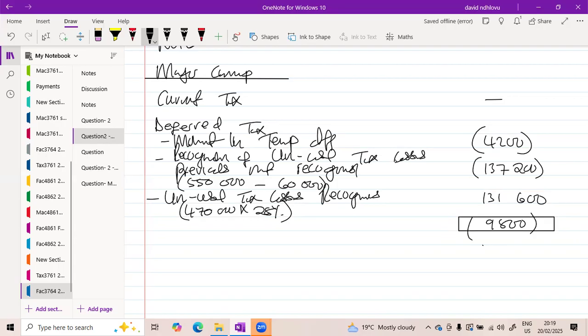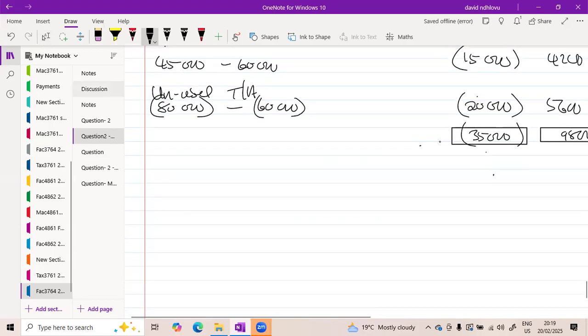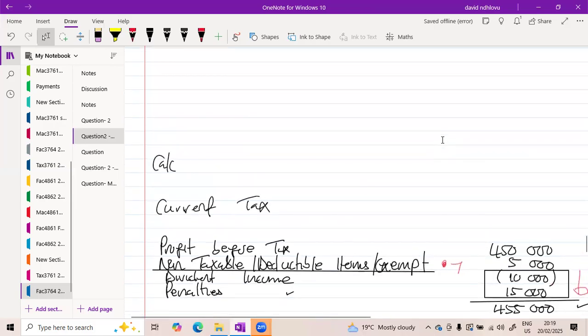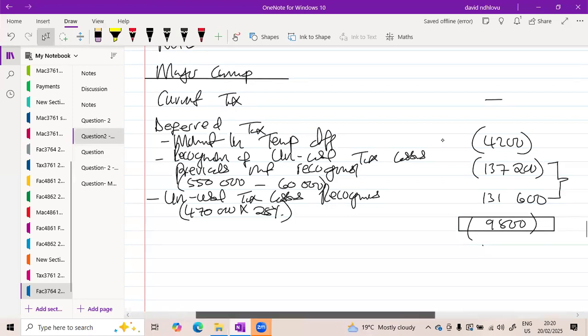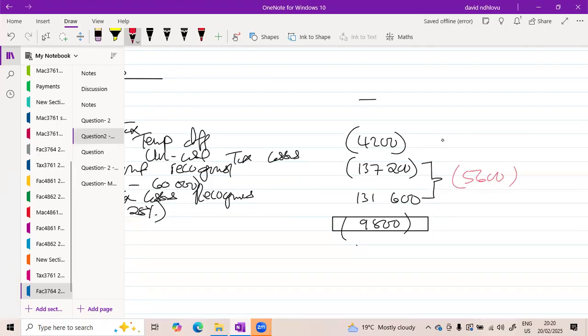This amount is equivalent to this value. So you could have simply taken this value, 5.60, and say unused tax losses, and then just disclose 5.60. Again, you will have been correct. This is equivalent to 5.6, and it will have been a negative amount. You will still get it correct.